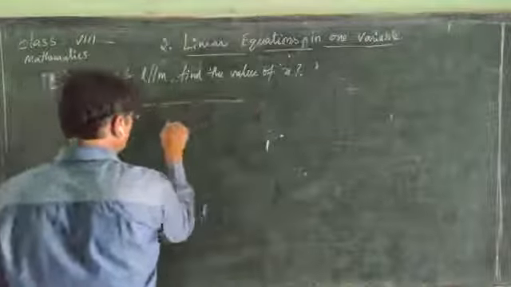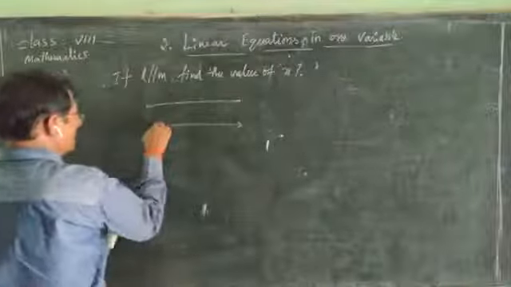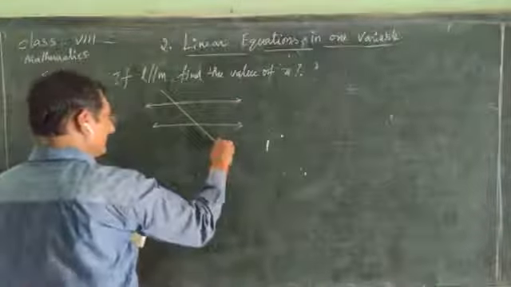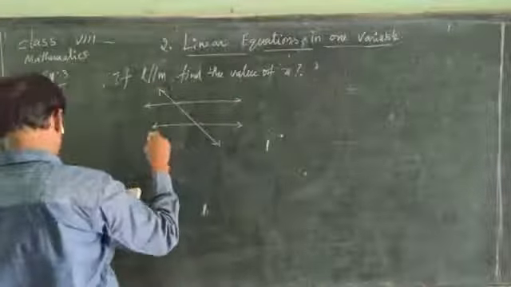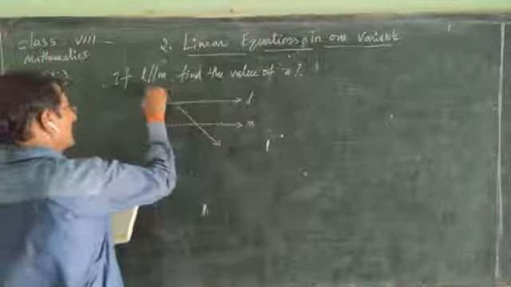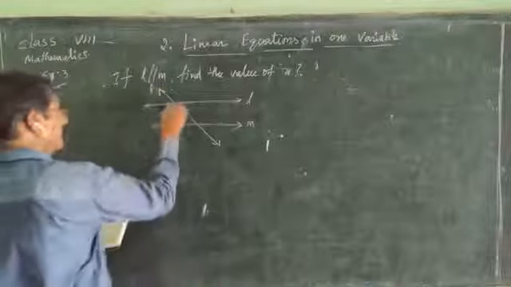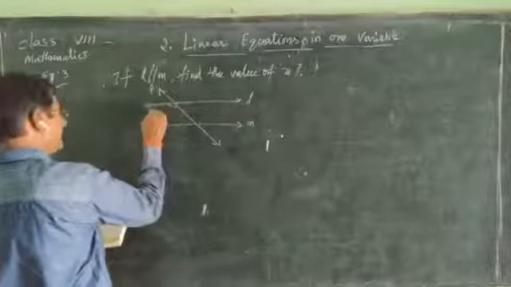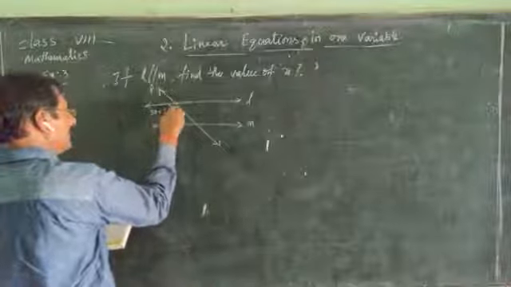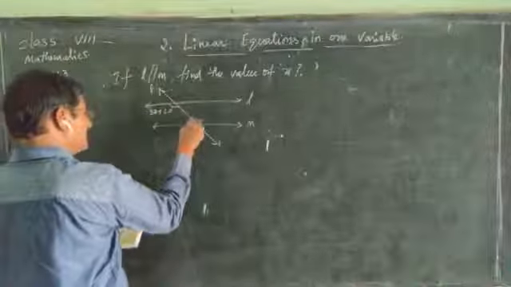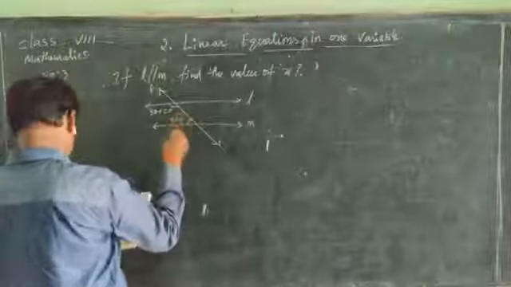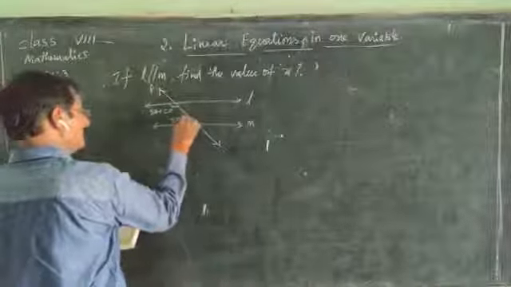Here a drawing is given with some values. It is a line L, line M. It is another line P. Here this angle is given as 3x plus 20 degrees. This angle is 5x minus 8.